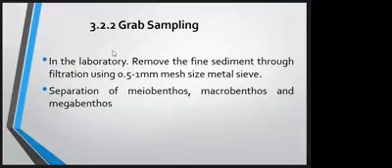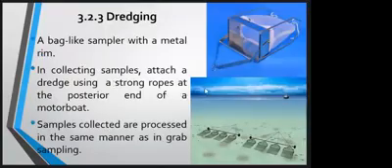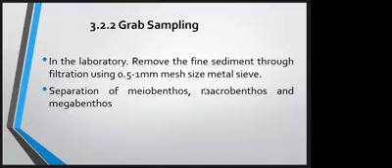In the laboratory, remove the fine sediment through filtration using a 0.5 mm mesh size metal sieve and prepare the meiobenthos, macrobenthos, and megabenthos. Of course, in grab sampling, all you have to do is to grab. So when you talk about grab sampling, you have to do grabbing.